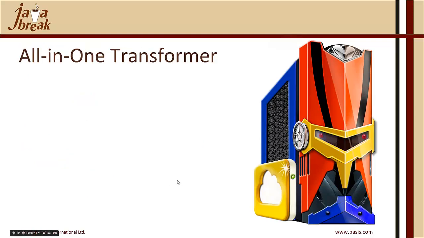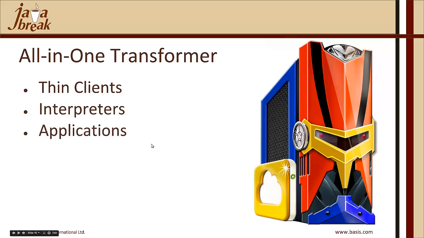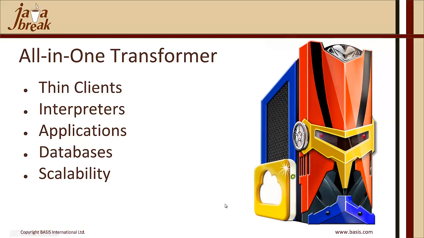Now we come to the all-in-one transformer. This is sort of your desktop machine or developer machine. It is a machine that allows you to have everything in one. Your thin clients can run there, interpreters, applications, database, and its scalability, again, because it does have a mounted drive, is limited to scaling the machine as opposed to scaling the number of machines.